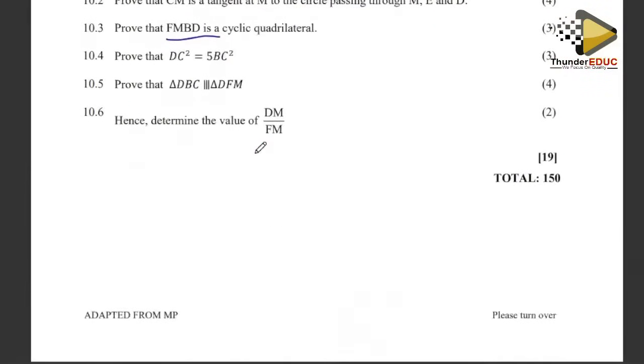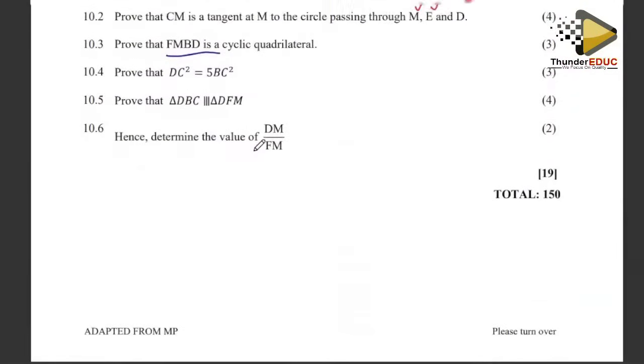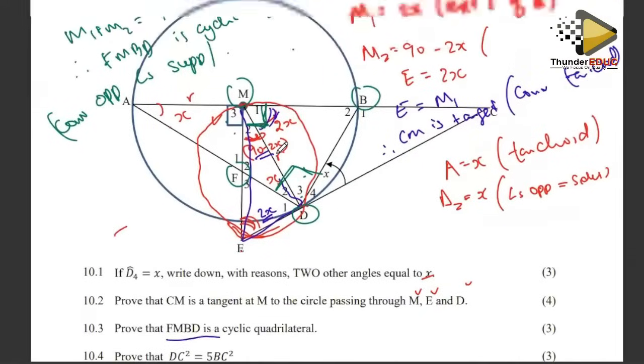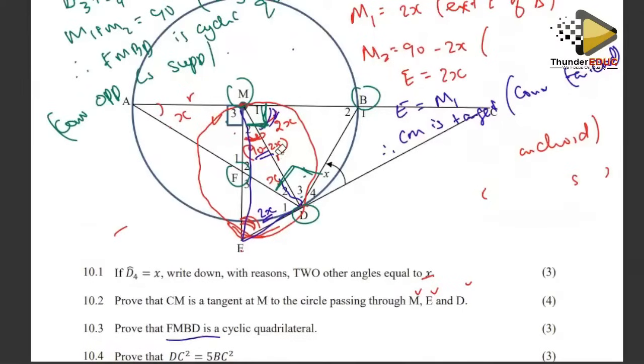Then prove that DC squared is the same as 5BC squared. Okay, so what you need to do in this case, let me just erase this part here so that I can write it where people can see.